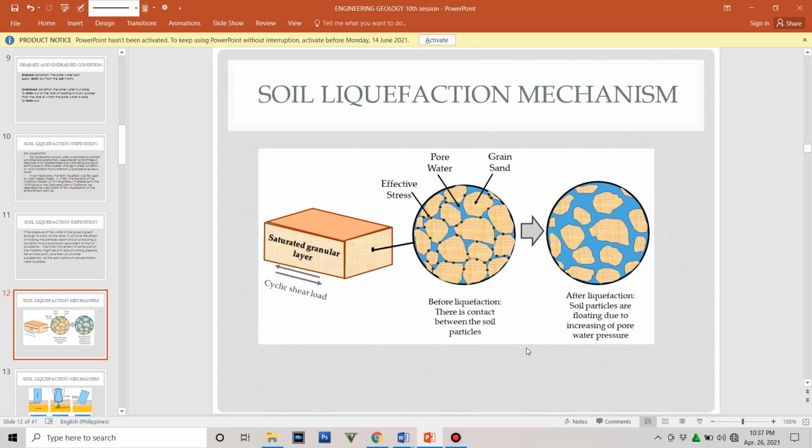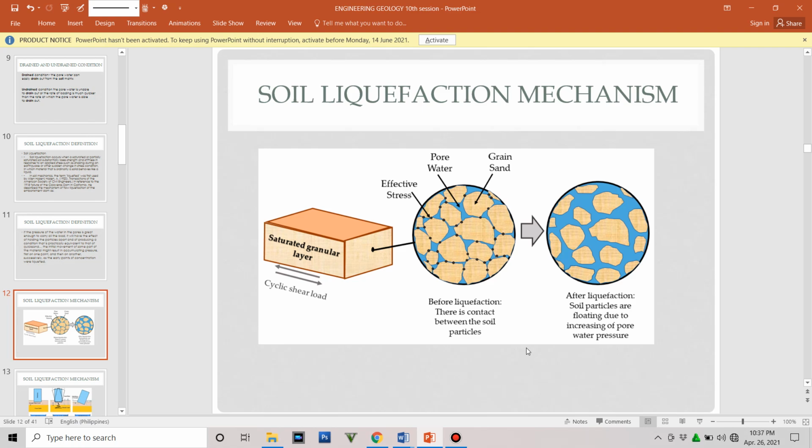So before liquefaction, you can see that there is contact between the soil particles. Now, kapag nag-separate yan, what will happen is that lulutang na yung mga soil particles. And there will be no effective stress. Okay?